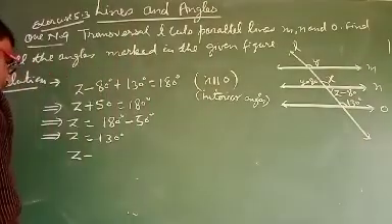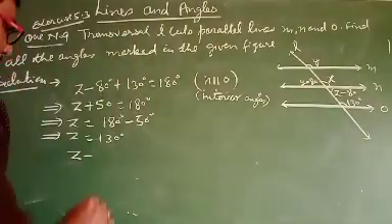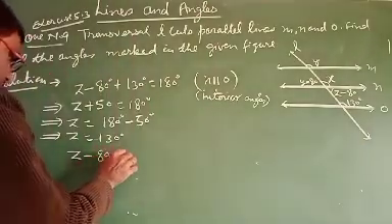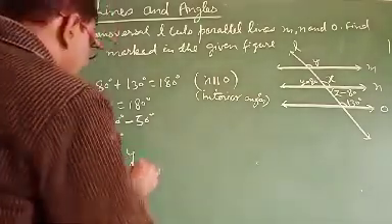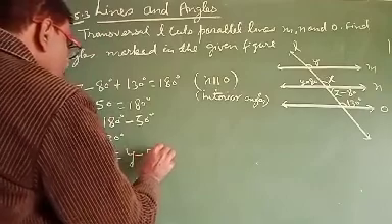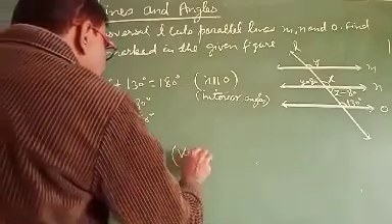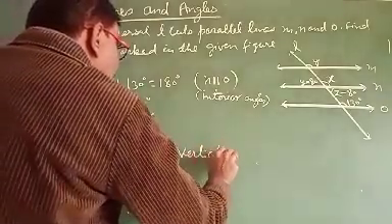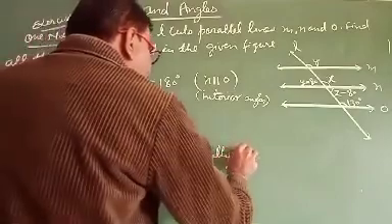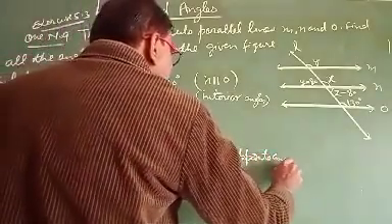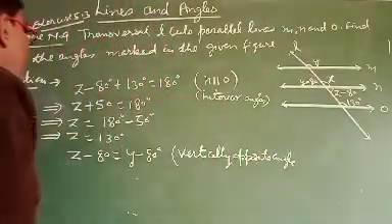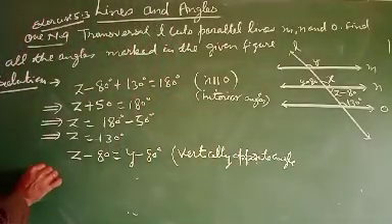Therefore Z minus 80 equal Y minus 80, vertically opposite angles.